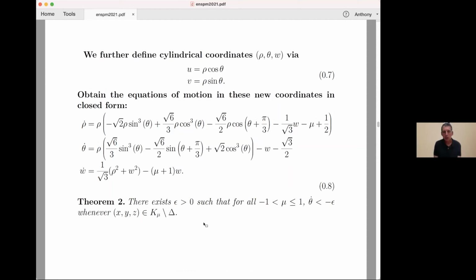And you can show that there exists an epsilon greater than 0 such that for all mu between -1 and 1, theta dot is less than minus epsilon whenever x, y, and z are in K mu modulo delta. So you're in that compact invariant set and just outside delta. So that's a bound on the rotation of theta, which is already a good start for the periodic behavior.